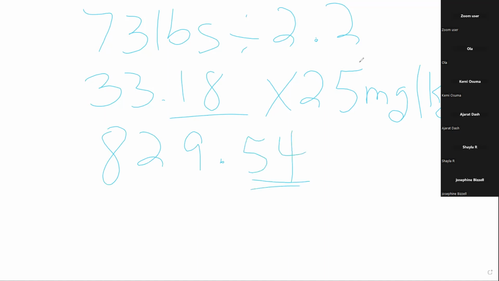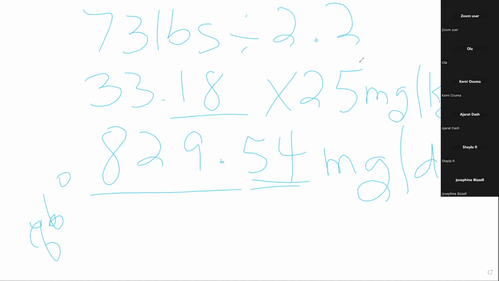Okay, now that's what your patient is getting per day. And I just told you he's getting it every 6 hours. So that means he's getting it in 4 divided doses, right? So if I asked you how many milligrams he was getting per day, this would be your answer. Every 6 hours means 4 divided doses, so we're going to divide this by 4.